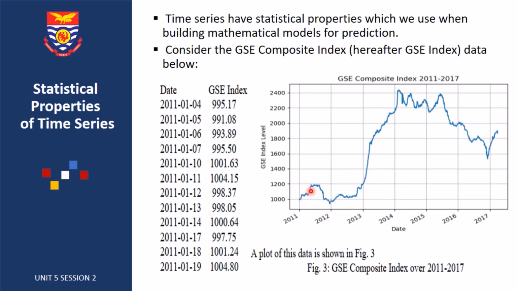You could see that unlike the previous one that we had to decompose, this data set has seasonal movement or patterns, they have trend, and also the errors. This is a daily data set from the Ghana Stock Exchange, from 4th January 2000 to 19th January 2011, and these are the price series.